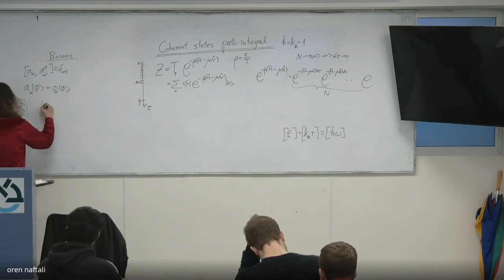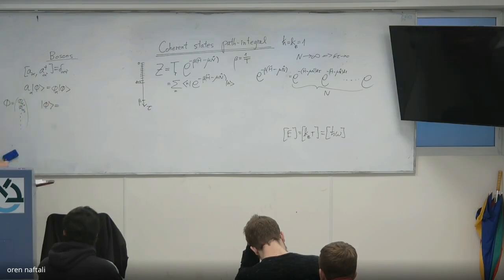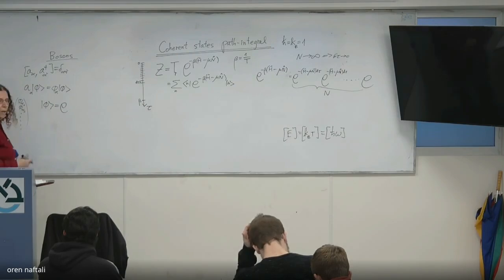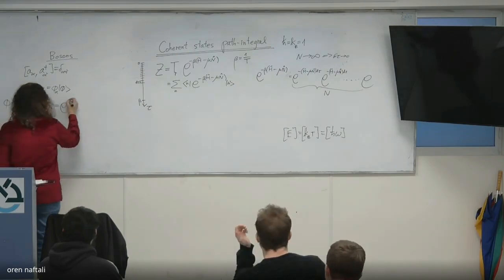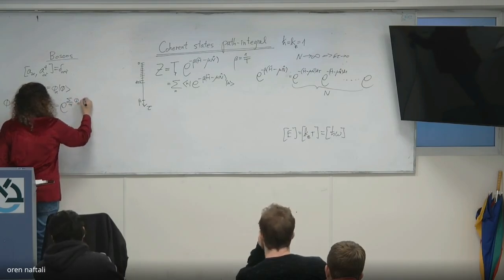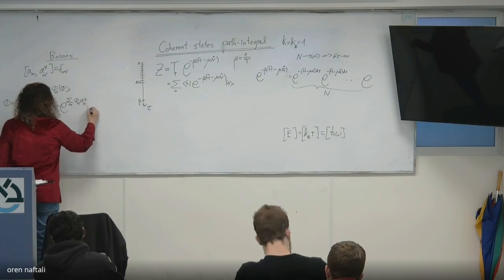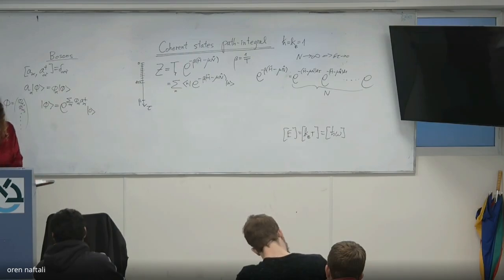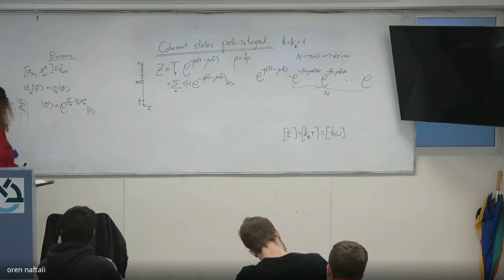Explicitly, one can show, and this is something you will prove in your homework, that we can write an explicit form of phi in terms of the second quantization operators as an exponential of a sum over alpha, phi_alpha a_alpha dagger, acting on the vacuum. This is the coherent state. One can prove that it satisfies this condition.